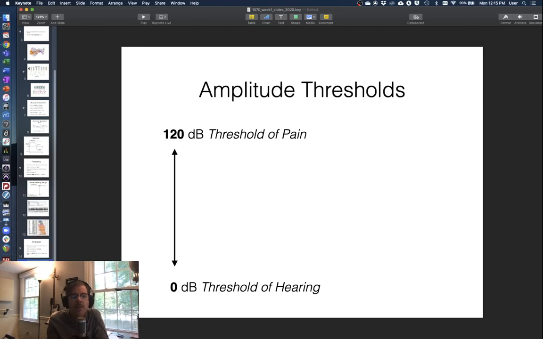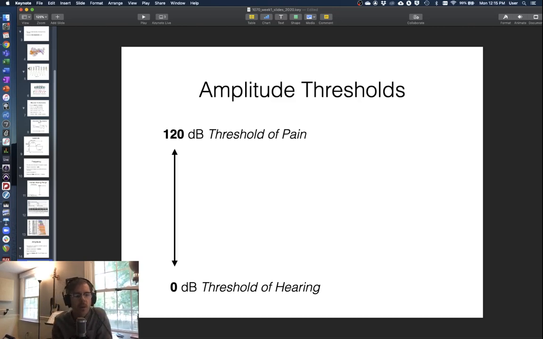And the dB SPL amplitude thresholds to remember, much like the human hearing range is something to remember, the amplitude thresholds are also something to remember. We hear the threshold of hearing as 0 dB. That is a theoretical construct because technically we can never not hear something as human beings.